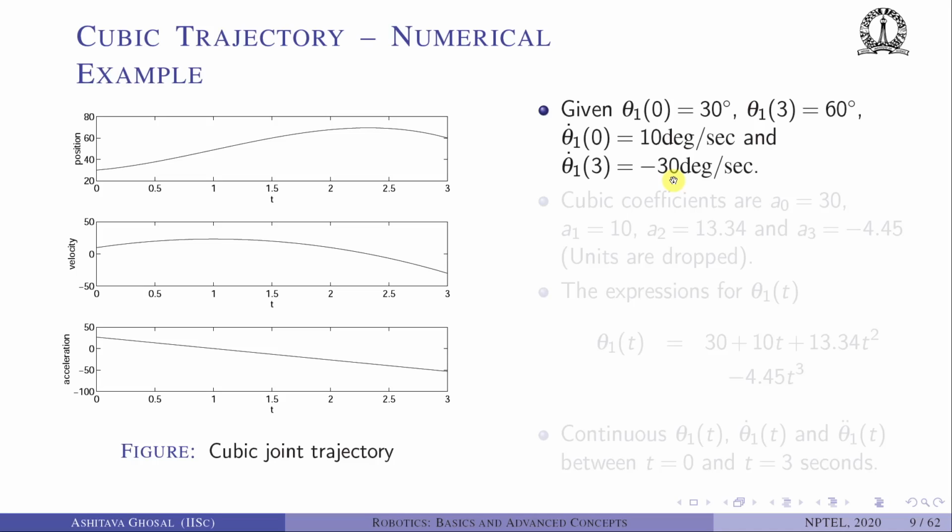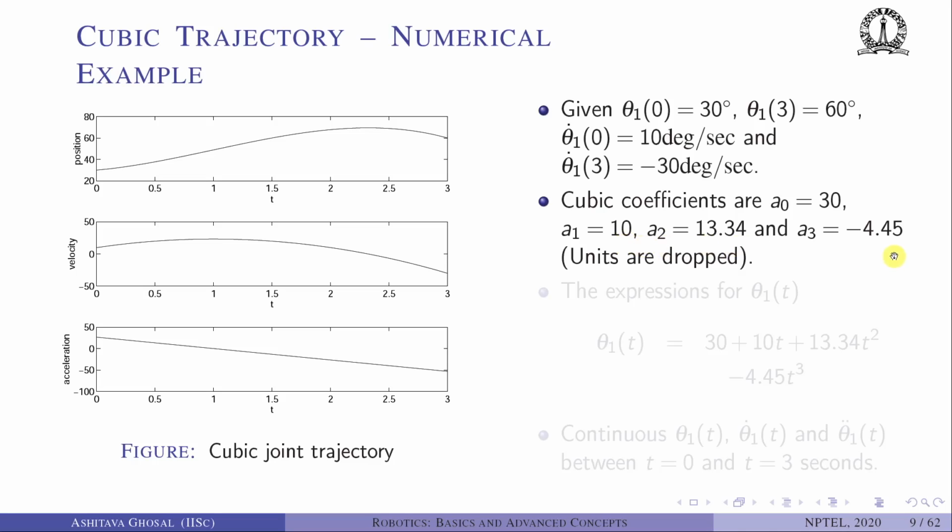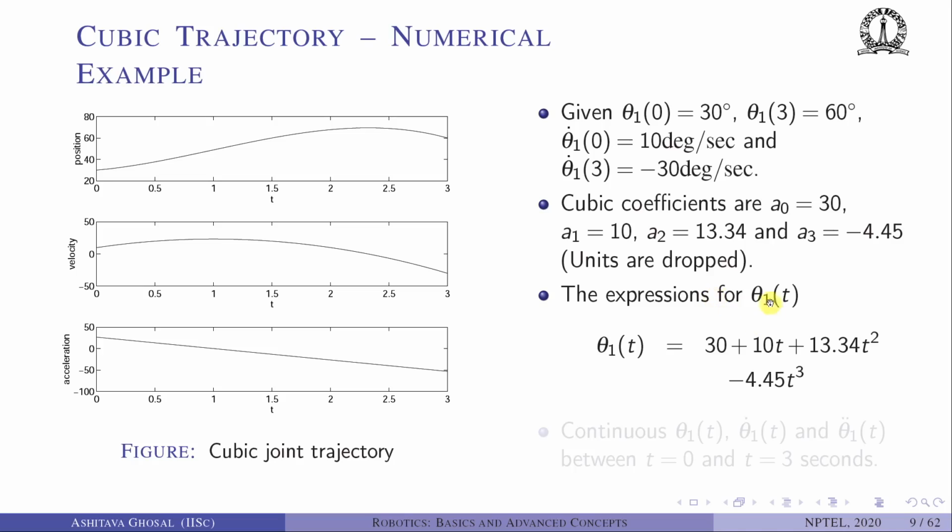We substitute these 4 given quantities in the cubic equation, and we can derive that a0 will be 30, a1 will be 10, a2 is 13.34 and a3 is minus 4.45. The units are dropped. So the expression for theta 1 of t is nothing but 30 plus 10t plus 13.34 t square minus 4.45 t cube, which we can plot.